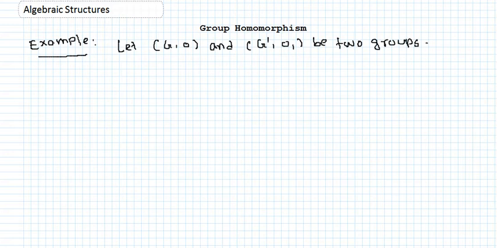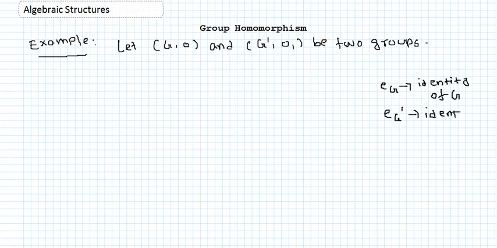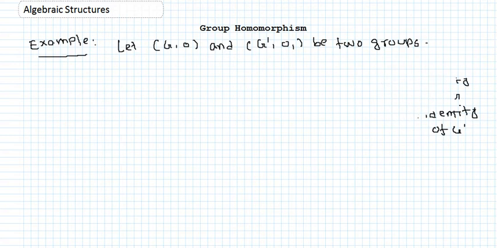From now on, by EG we denote the identity element of the group G, and by EG dash we denote the identity of the group G dash. In this way we will differentiate the identity elements of different groups.